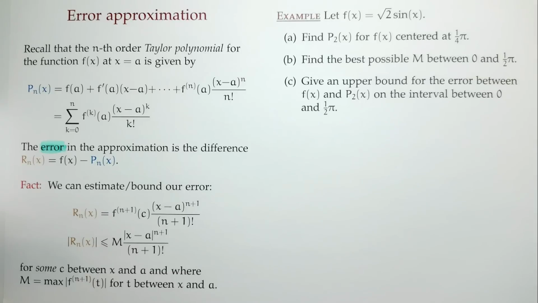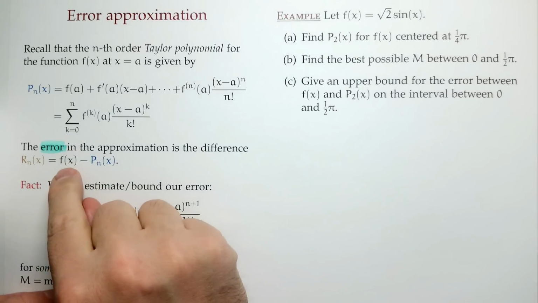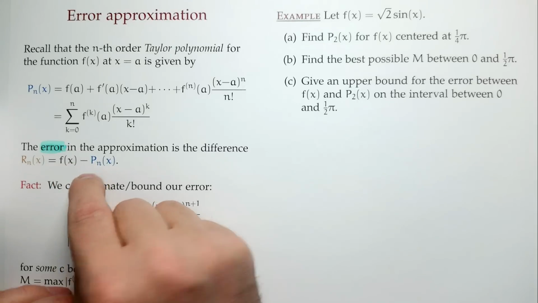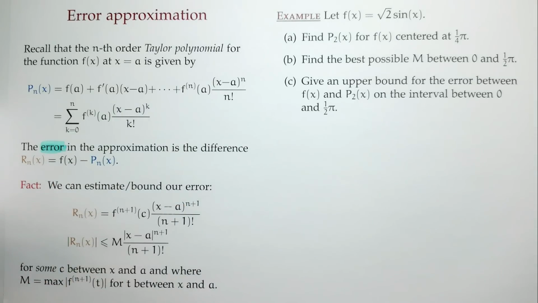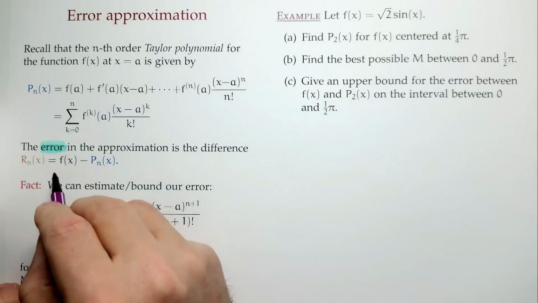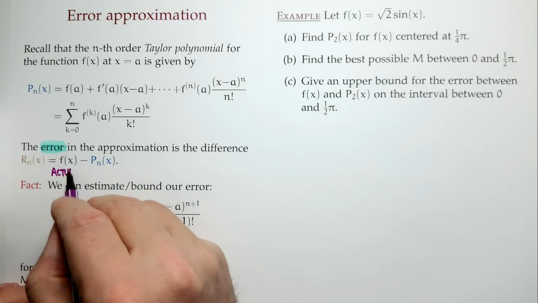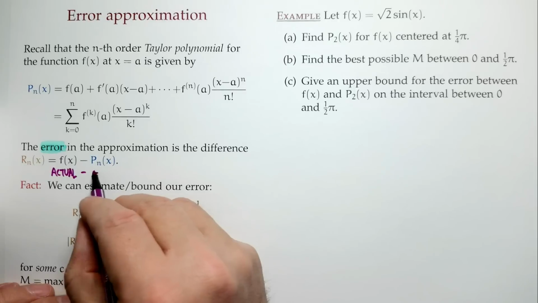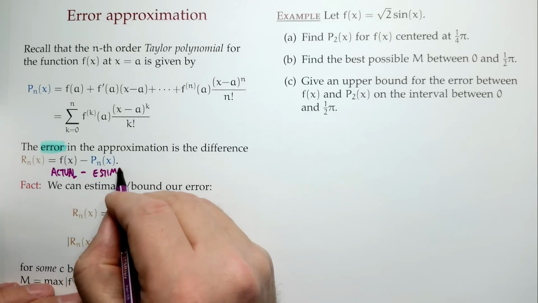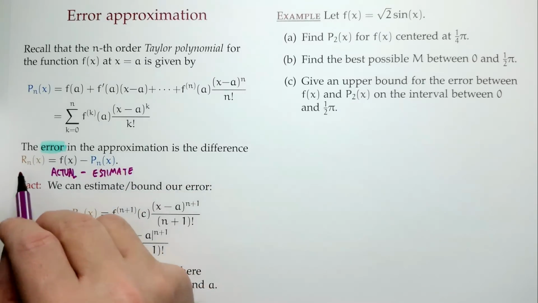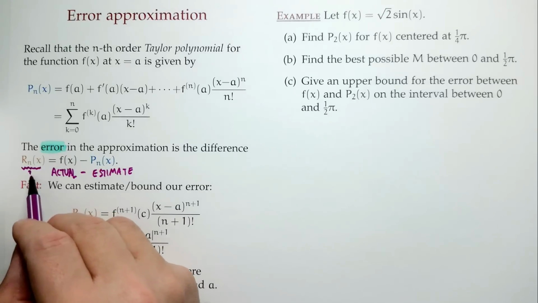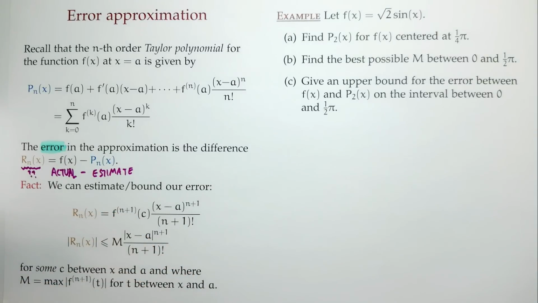So you do want to be able to say, I have a good approximation. So how do you find it? Well, f of x is the actual value, and Pn of x is the estimate. When you take the difference between the actual and the estimate, you end up with the error. So what we want to say is, how big is this error? That's our goal, the size.